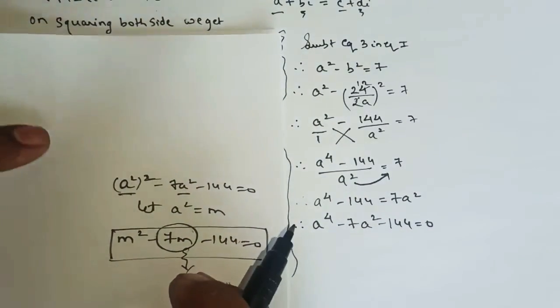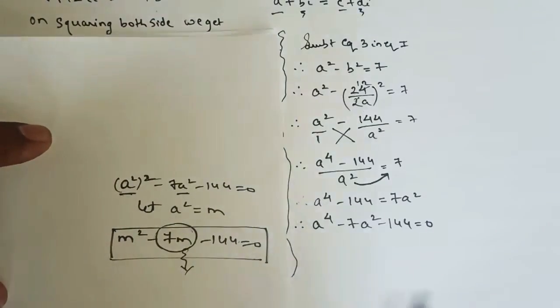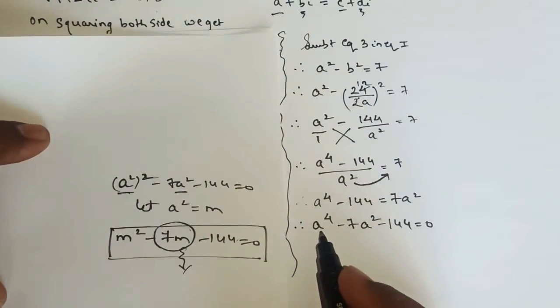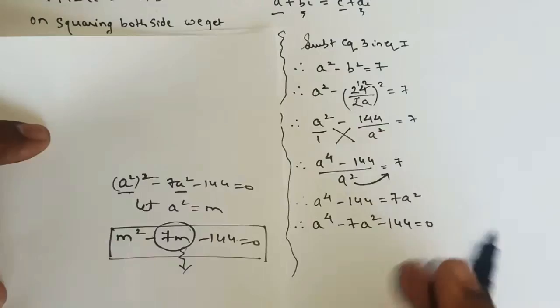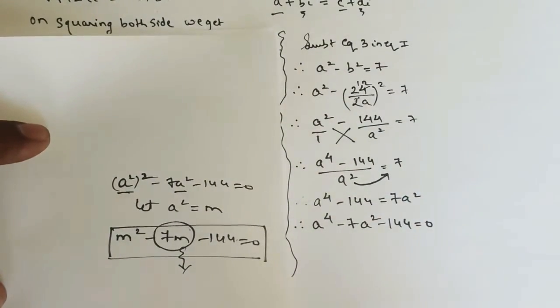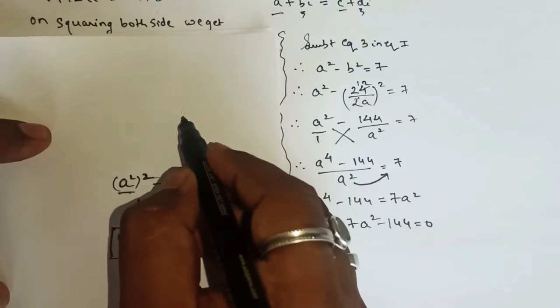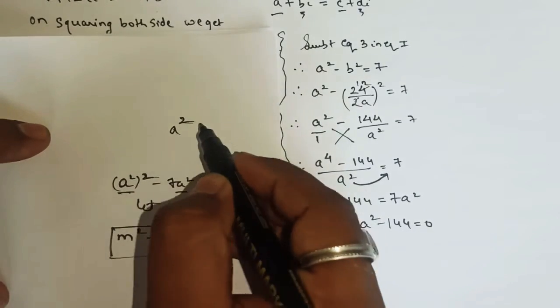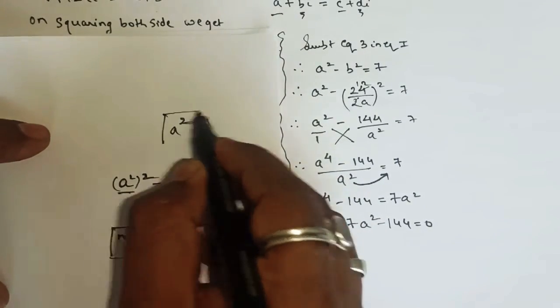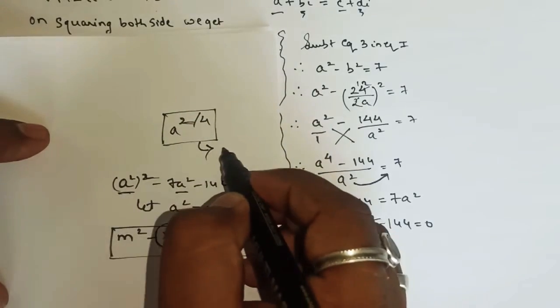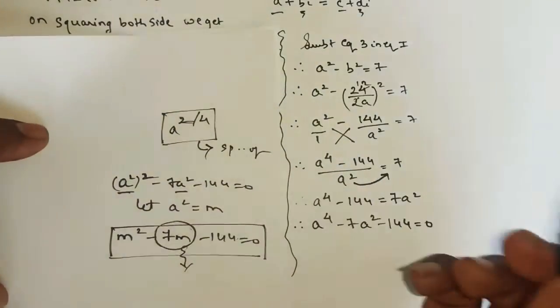Okay, so this is the one method, and second method is what? Keeping the value of a raised to 4 as it is, still we can find our answer. Okay, we can split our answer. So whenever the power is 2 of any alphabet or 4, still we can do splitting of middle term. Okay, remember this.